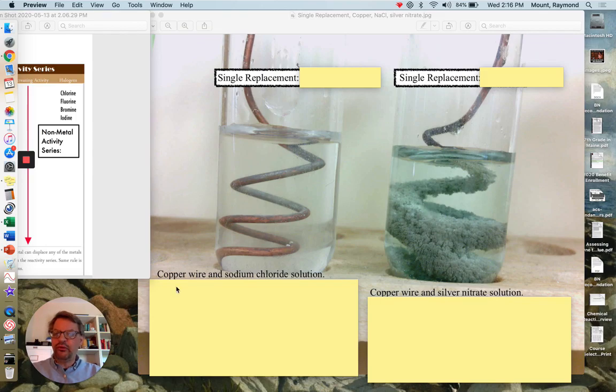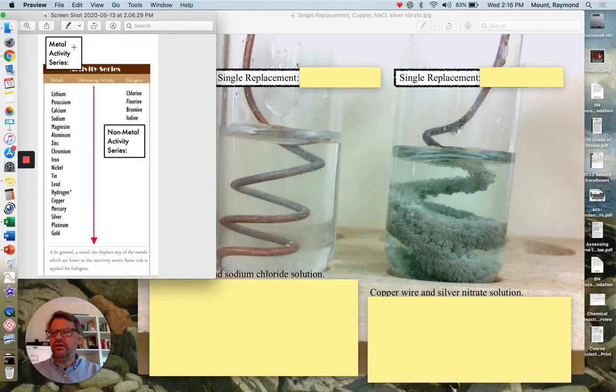It's possible that the copper will replace sodium in sodium chloride. Now, we have to determine if this reaction will happen in the first place. If it does, we'll end up with copper chloride and sodium all by itself.